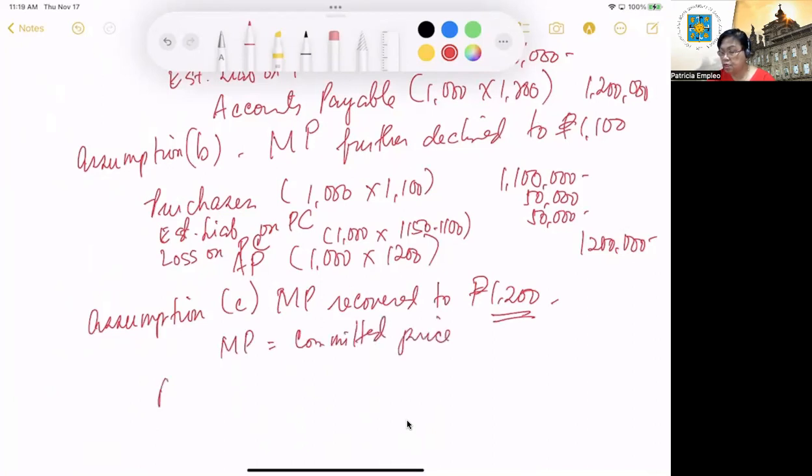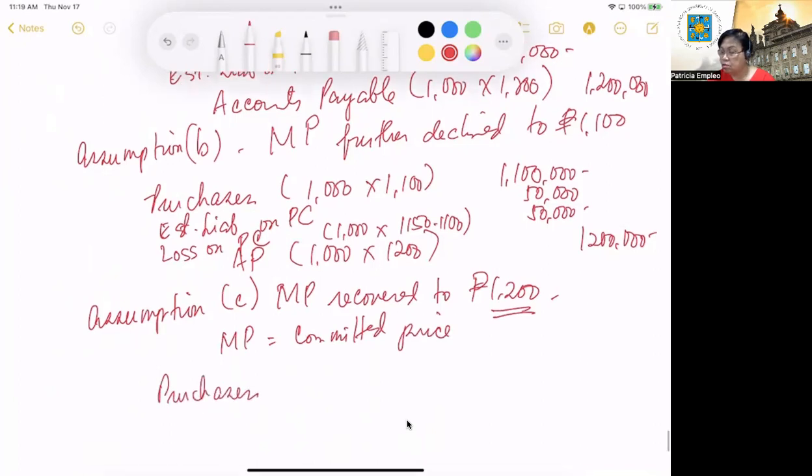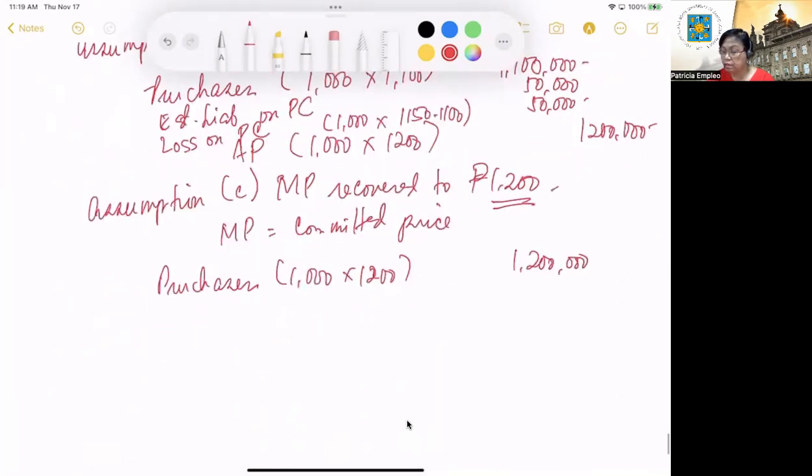Therefore, your entry, debit purchases, sabi natin at the lower, but they are equal. So that is 1,000 times 1,200, so that is 1,200,000. Credit accounts payable at the committed price. So that's 1,000 times 1,200, 1,200,000. So tapos na ba yung entry natin?